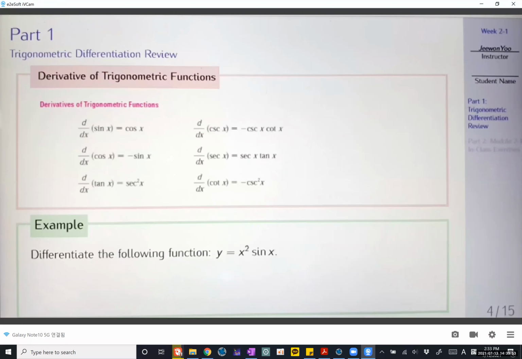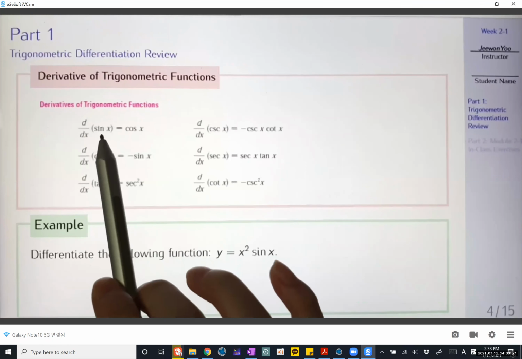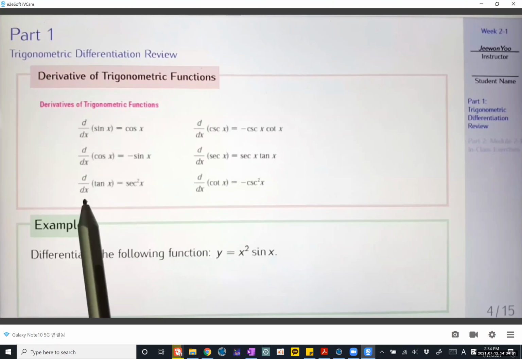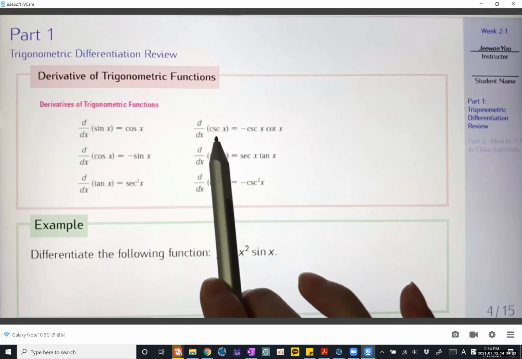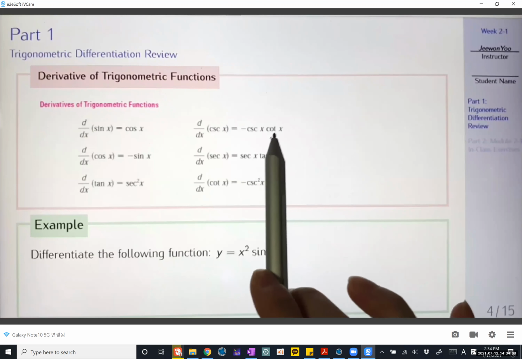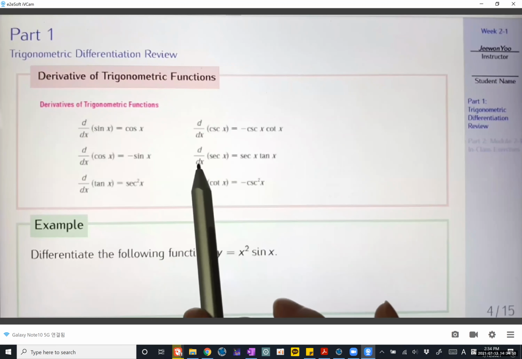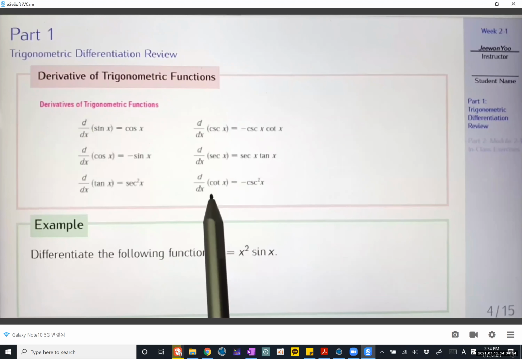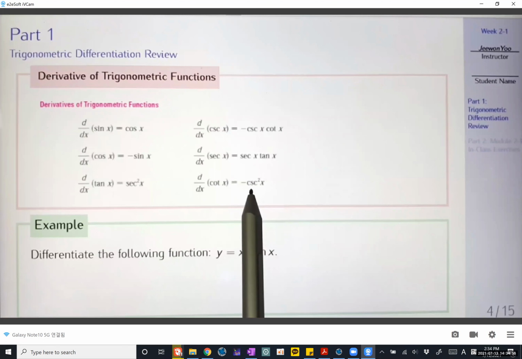As many of you know by now, even if you took Math 116 before, the derivative of sine is cosine. The derivative of cosine is negative sine. The derivative of tangent is secant squared. The derivative of cosecant is negative cosecant x cotangent. It looks ugly, doesn't it? The derivative of secant x is secant x tangent x. The derivative of cotangent is negative cosecant squared.